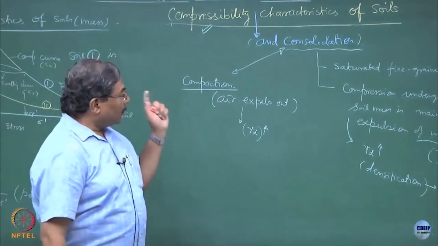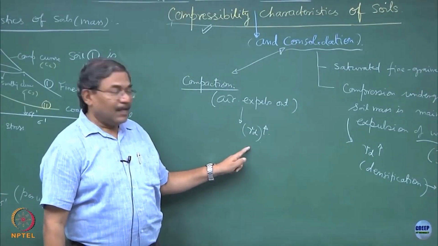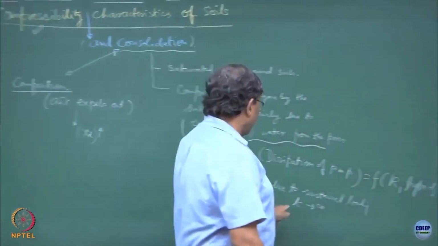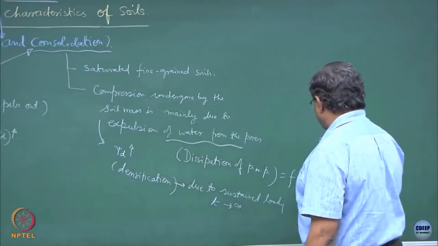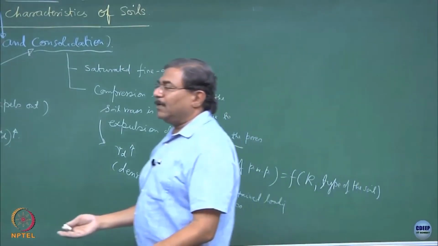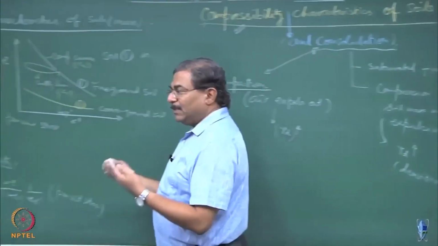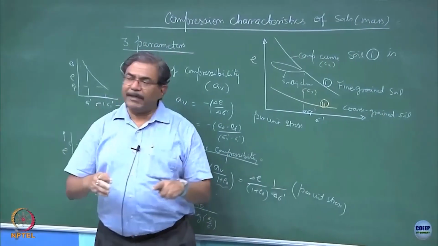Normally we do not associate time with compaction. Now this is the time which is getting included into the expulsion of water because of the permeability. So permeability is nothing but a sort of a resistance offered by the soil mass for the flow of water, which is a time dependent phenomenon.